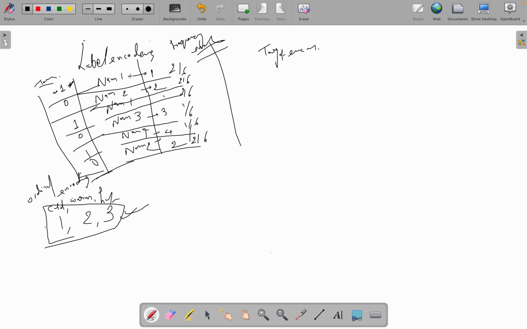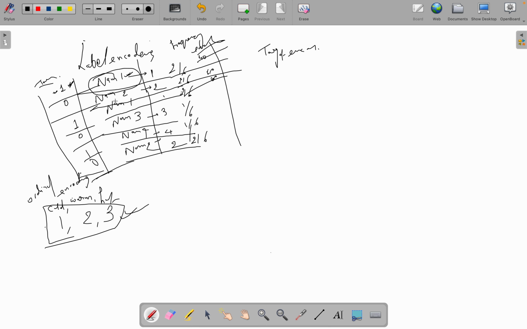Suppose you have some numerical values, like 40 and 60 for a name. Basically we will take the mean of it and encode it as a mean of that particular group.